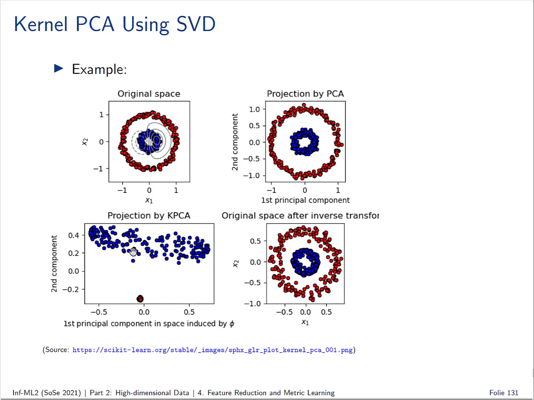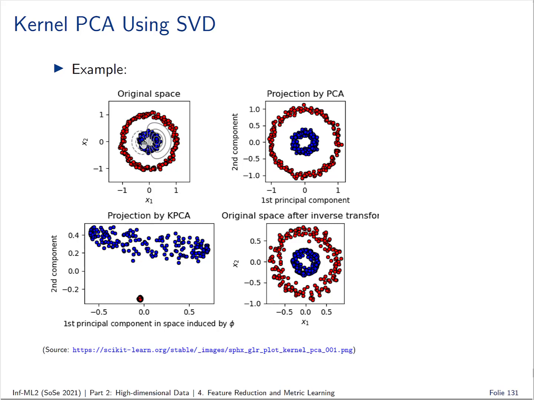But these patterns in this kernel PCA projection are probably very, very hard to comprehend, very hard to understand. So you probably want to transfer it back, but that's very often not possible. So the interpretation of these patterns in the kernel PCA space is very often very hard. But that's just one downside.